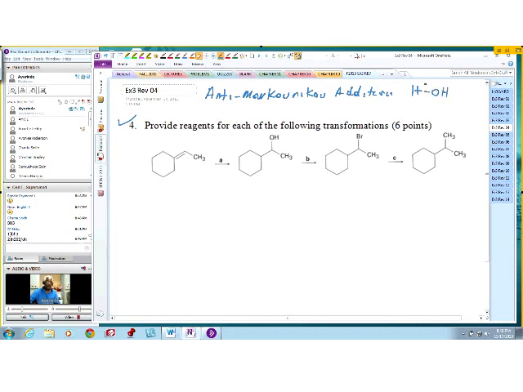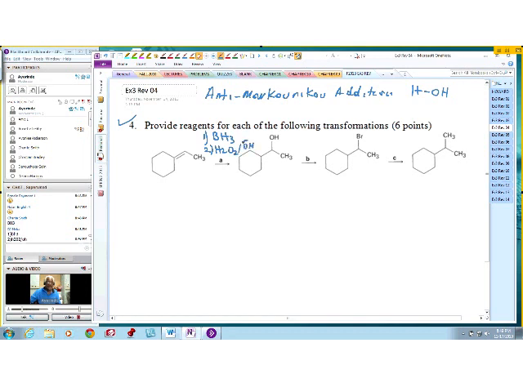So that means the hydrogen comes here, the OH comes here, and that's why we get it. So what do we need? Okay, very good. BH3, step 1, followed by hydrogen peroxide in basic medium.